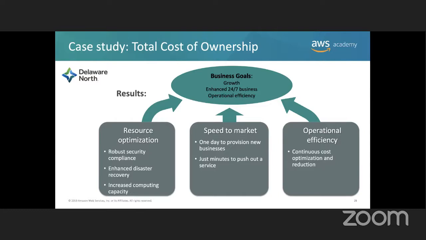They could optimize the resources, robust security compliance, enhance disaster recovery, increase computing capacity. Now, 1 day to provision new businesses, speed to market, just 1 day to provision new businesses, just minutes to push out a service, continuous cost optimization and reduction. So it was like a snowball of success and benefits after they moved to AWS.